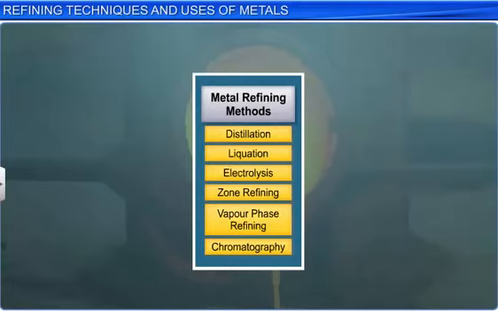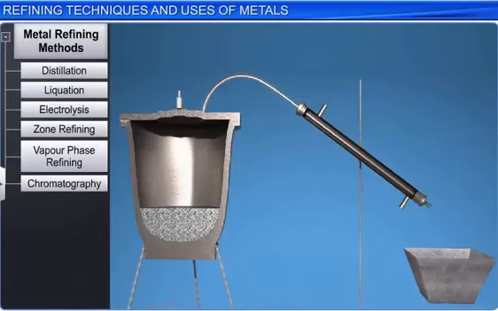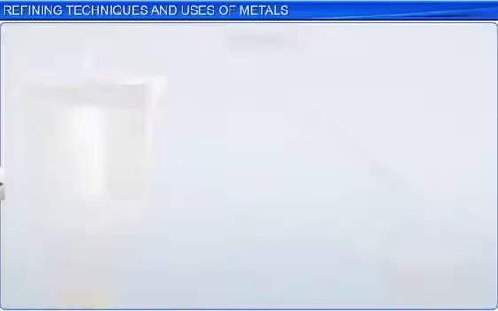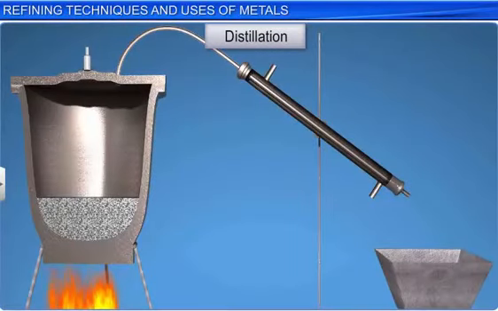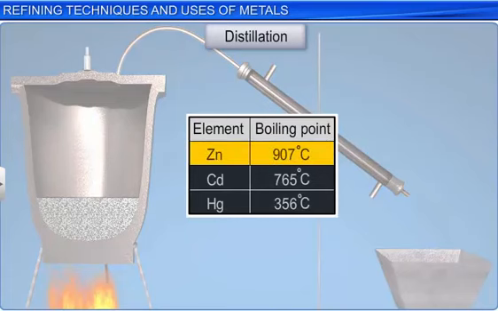Let's look at each one of these techniques in detail. First, let us study distillation. This process is used to purify metals with low boiling points, such as zinc, cadmium, and mercury.